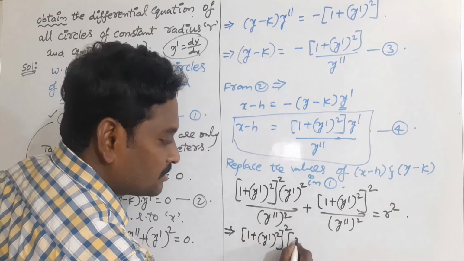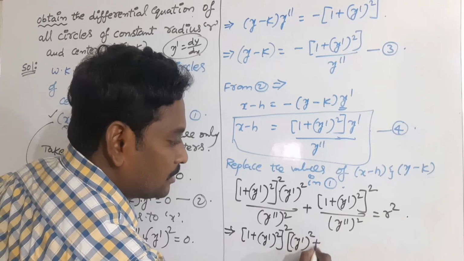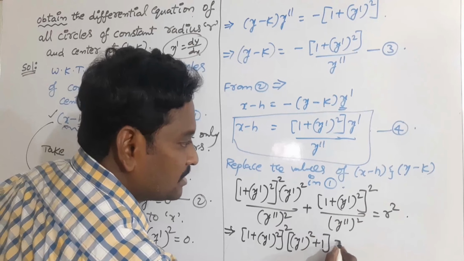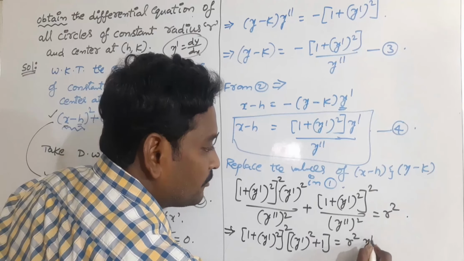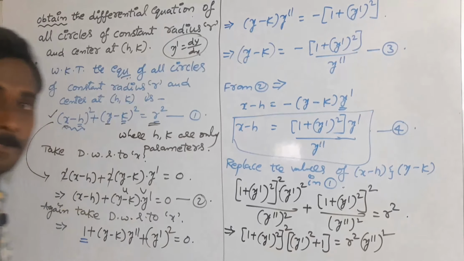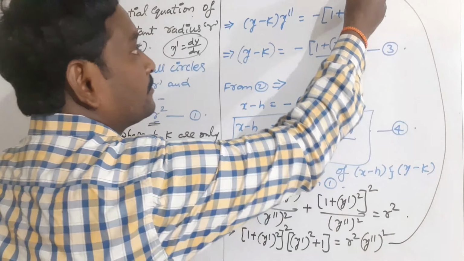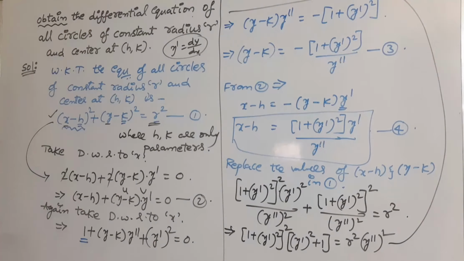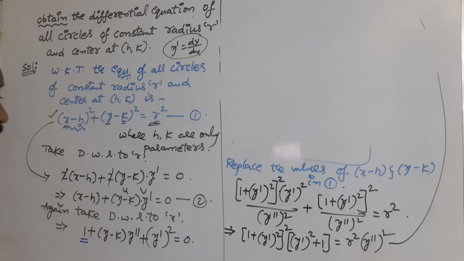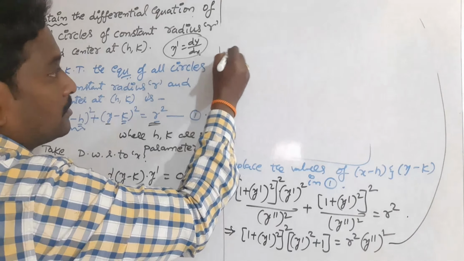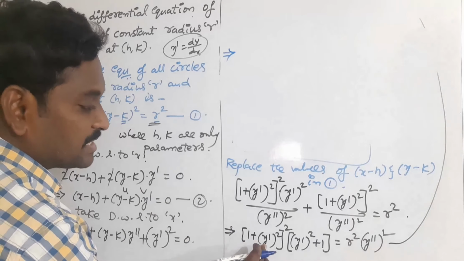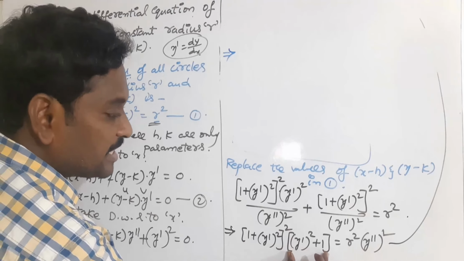So here you will get y dash whole square, and here you will get only plus 1, is equal to r square into y double dash whole square. I will write the continuation step here. So this step becomes (1 plus y dash whole square) into the same term.